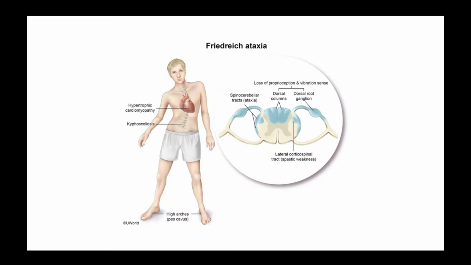The specific symptoms of this disorder are damage of the spinal cord and brain, and weakness of muscles happens as a result of this. Kyphoscoliosis is observed in these patients, and high arches, pes cavus.